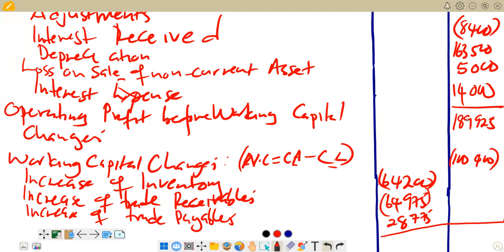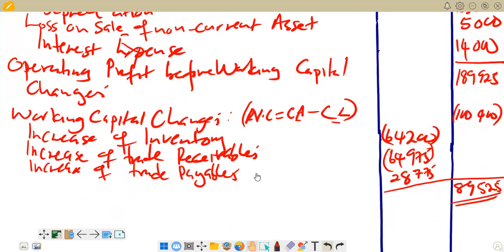So what we are going to say now, this one 189,935 minus 100,400. Then we get 89,525 as a positive. Now, this is representing a cash inflow since it's a positive.